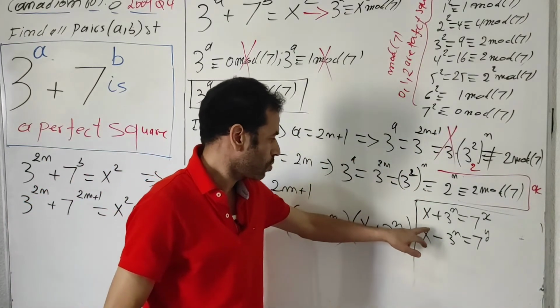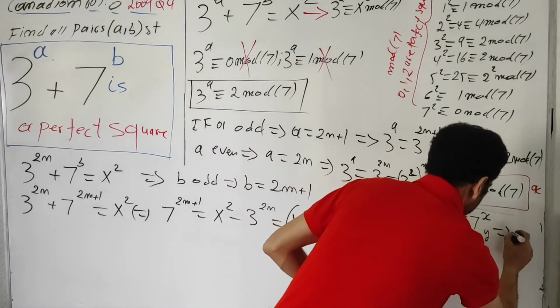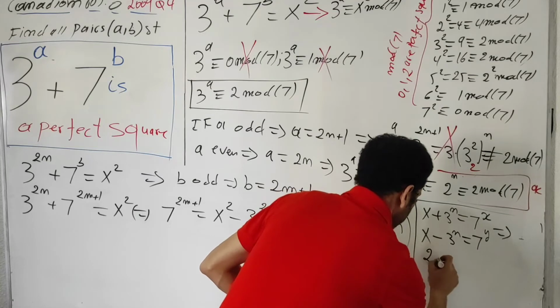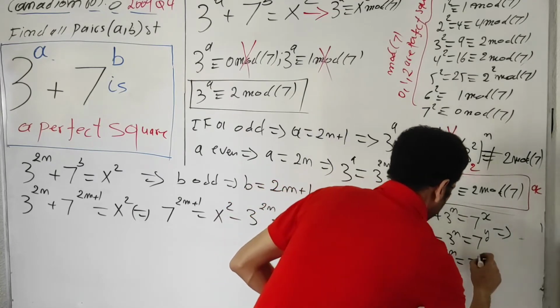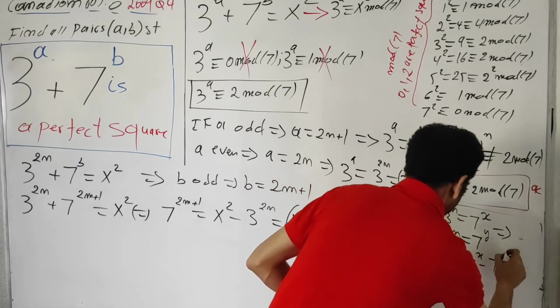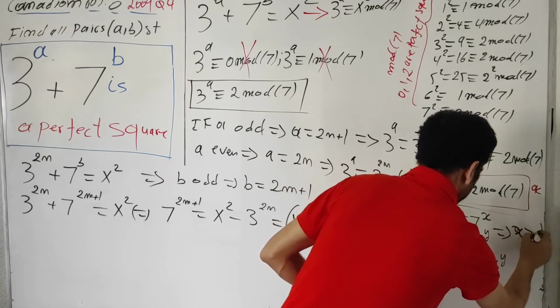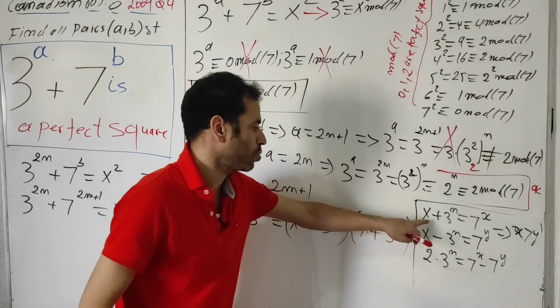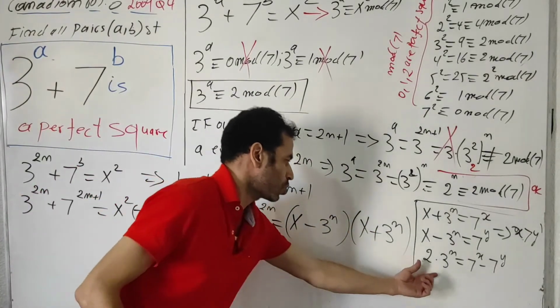By subtracting equation 2 from equation 1, I get 2 multiplied by 3 to the n equals 7 to the x minus 7 to the y. As we have here, x is strictly greater than y because this term is bigger than this term, as x is a positive integer. I'm going to bring this one down here.